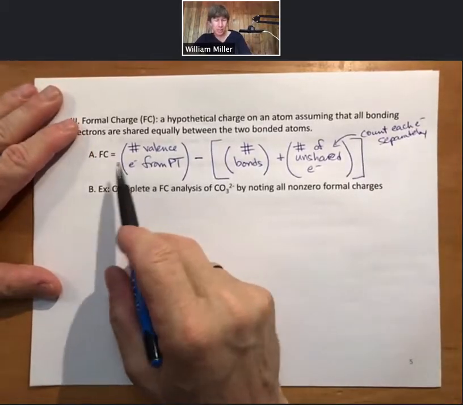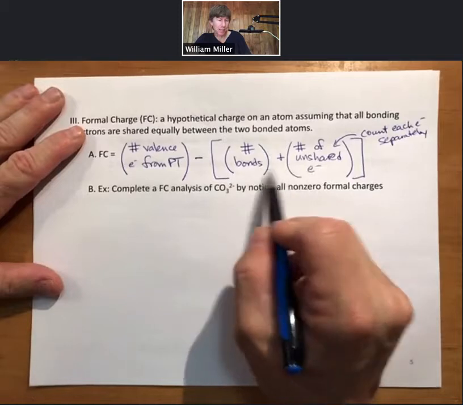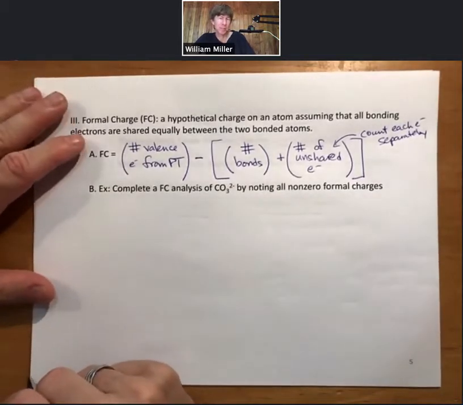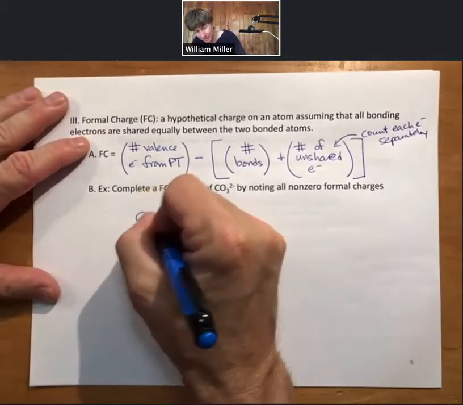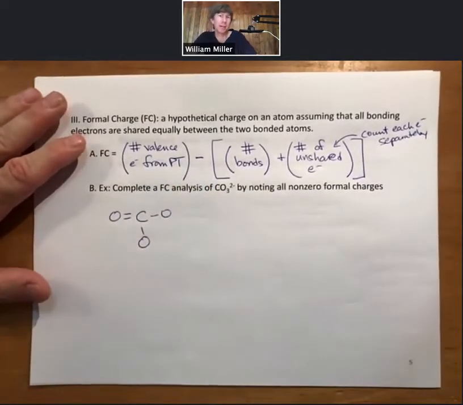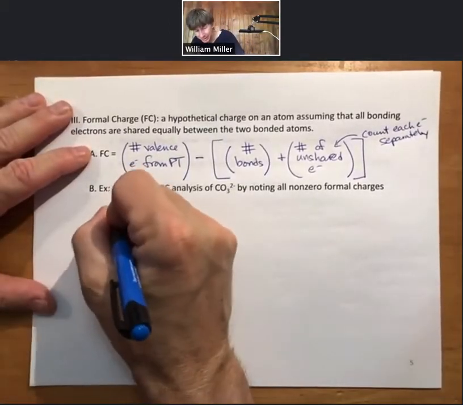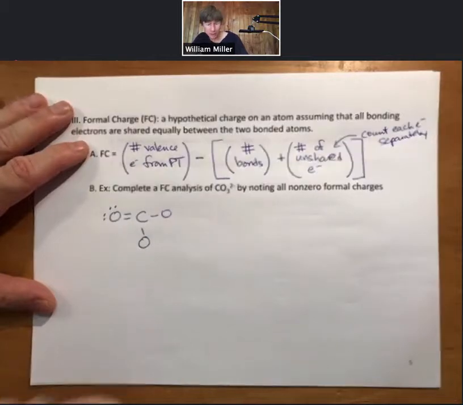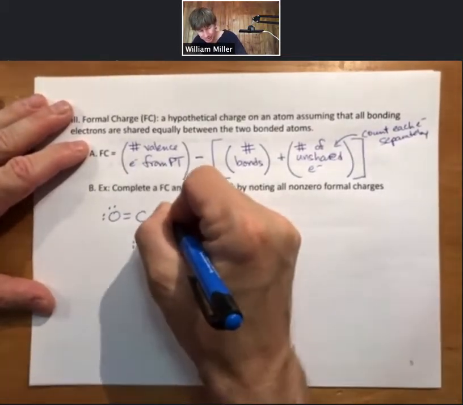So formal charge is the number of valence electrons from the periodic table minus the sum of these 2 quantities. And let's go ahead and see what this looks like for carbonate, the one we've already done. If you remember the Lewis structure for carbonate, it has 1 carbon-oxygen double bond and 2 carbon-oxygen single bonds.